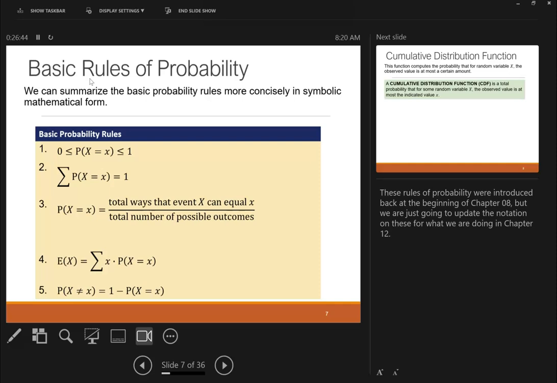So I'd have 1 times 1 out of 36 plus 2 times 2 out of 36 plus 3 times 3 out of 36, and I multiply those all out and then add them all up. What you're getting there looks very much like a weighted average, right? If you think way back to first semester, one of the first tricky things was calculating these weighted averages. It's exactly what we're doing with expectation. It's just like a weighted average.